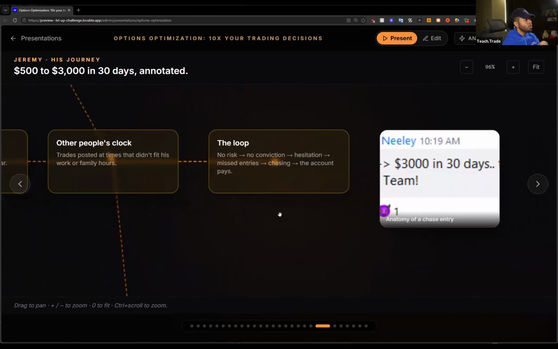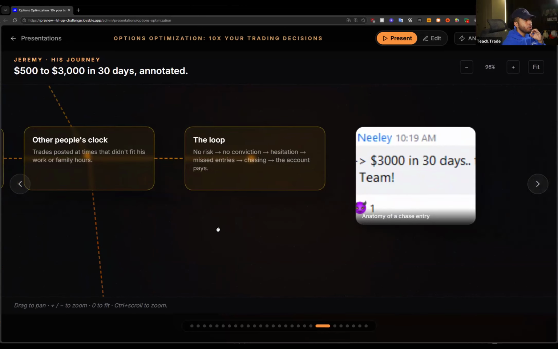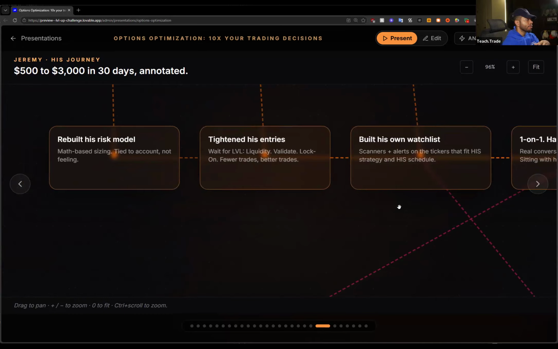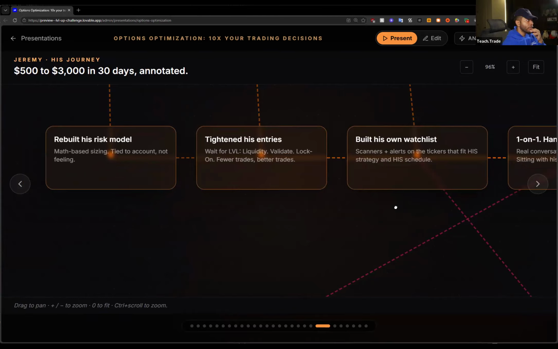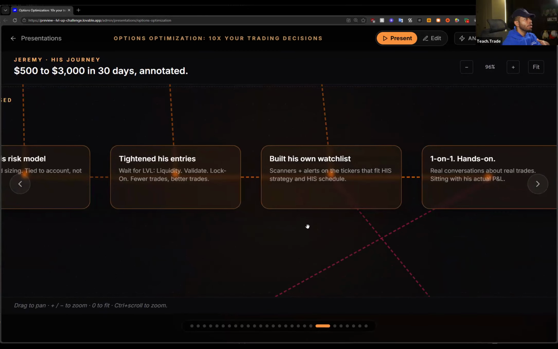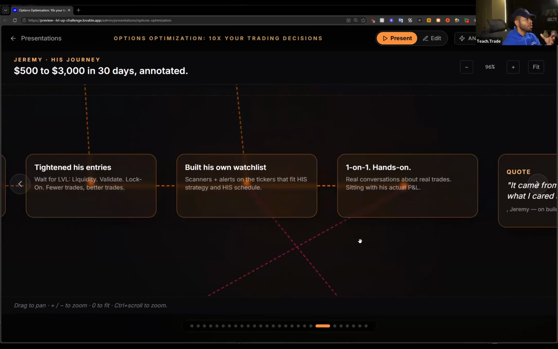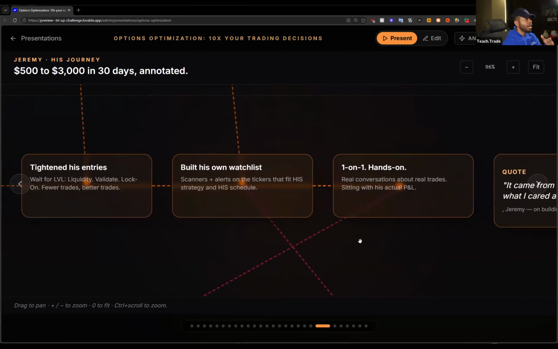I also want you to determine and map out what the process is to actually do this consistently. When I'm working with traders, I'm rebuilding their risk models, giving feedback on that, and also helping to tighten entries surrounding that predetermined risk limit. Again, that's some homework for you guys.